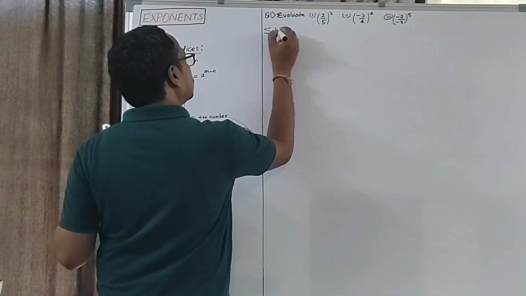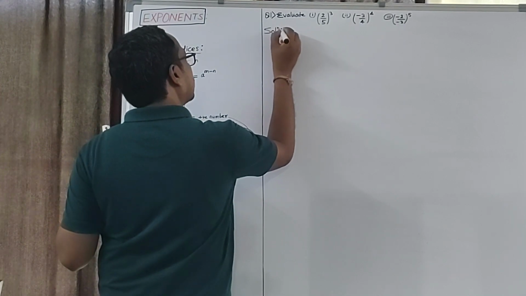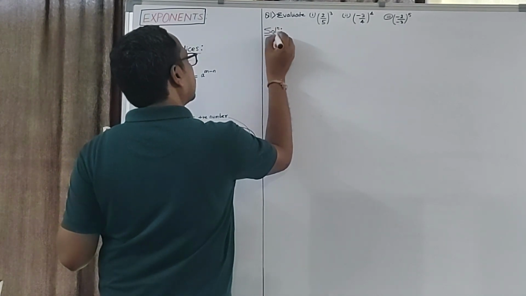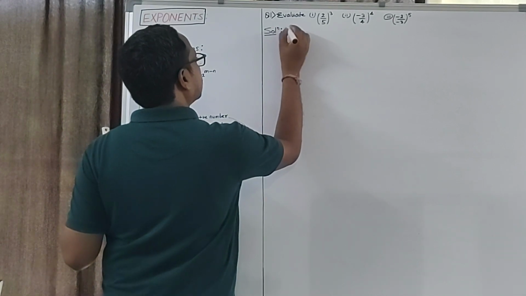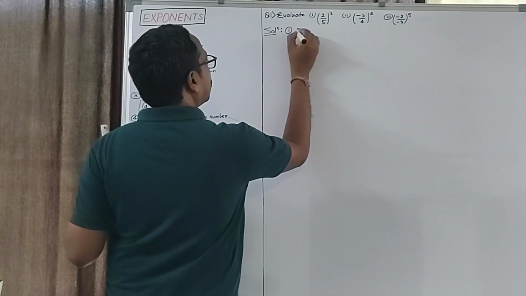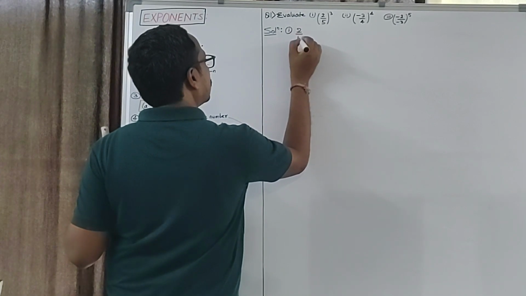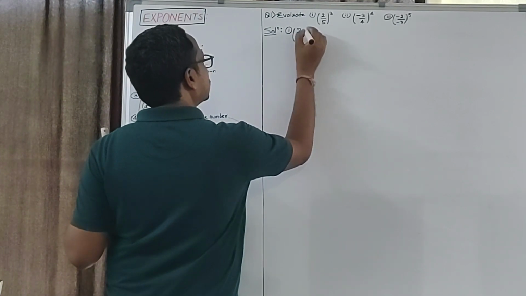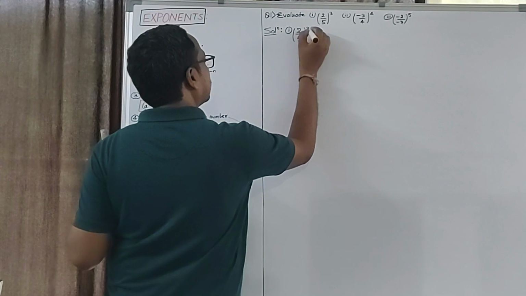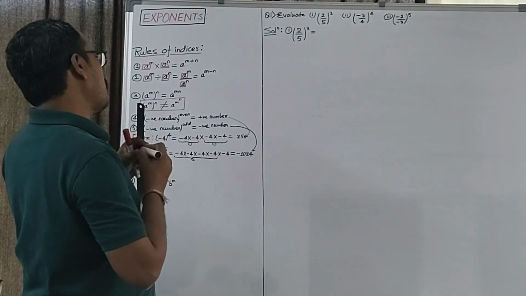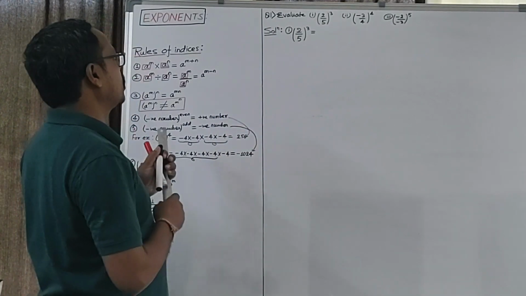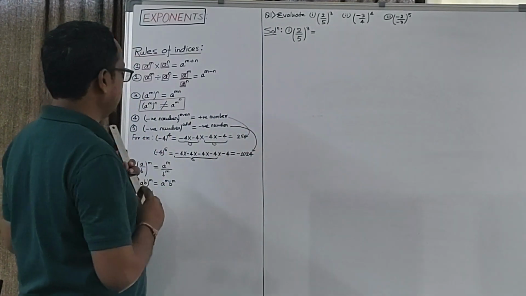It's a solution, okay. So as part of this, you can write it as 2 upon 5 raised to the power 3. So here, which law of exponent, or which rule of exponent will you be using?